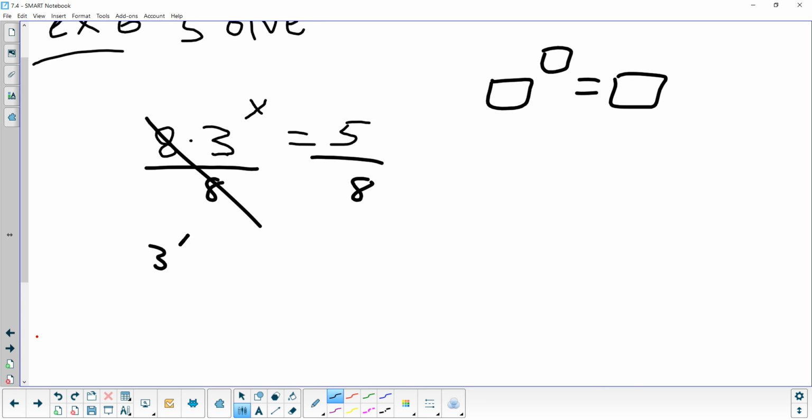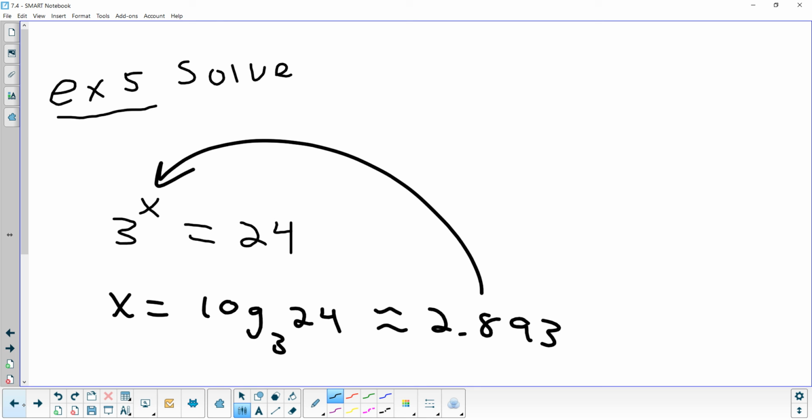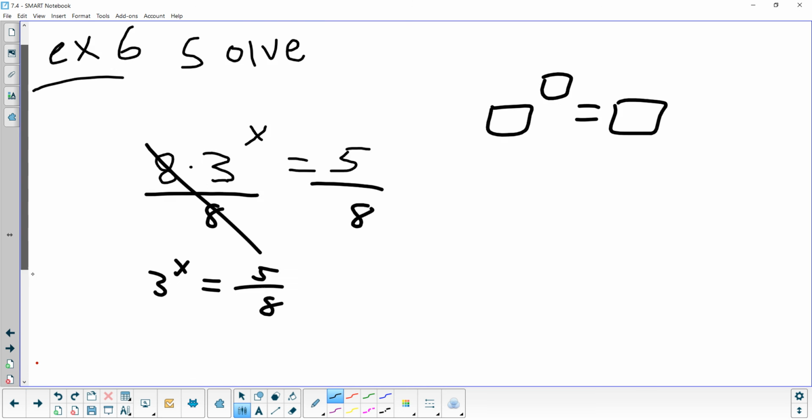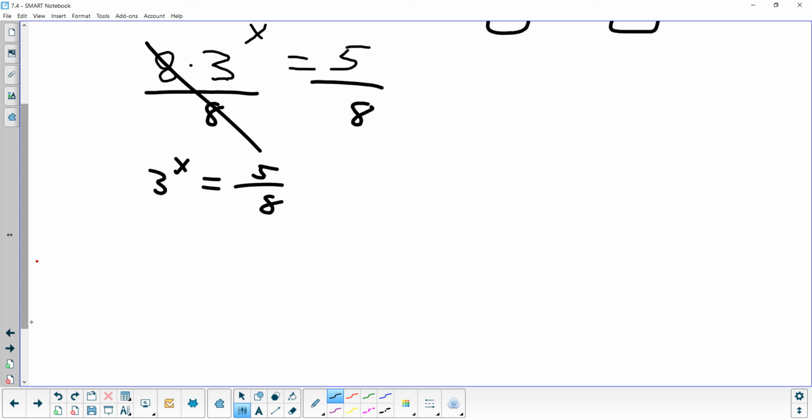Now it's exactly the same as the last problem. But instead of a 3 and a 24, now you have a 3 and a 5/8. Okay, same thing. And I'll just finish it off. I'm not going to type it in this time. I'll just write out how you would do it.